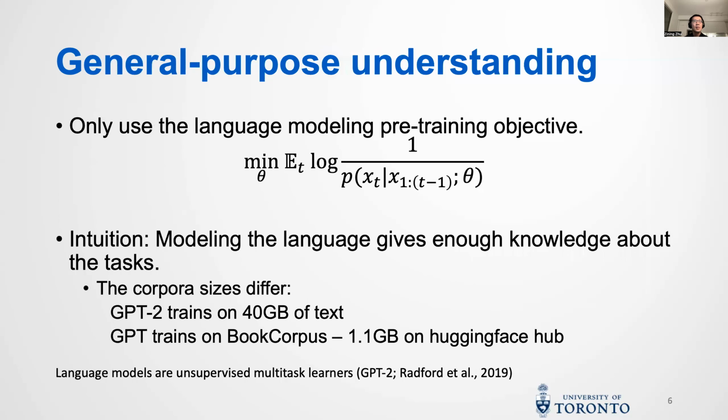One year later, OpenAI decided that only the language modeling objective is necessary. The language modeling pre-training objective essentially minimizes the perplexity over the token sequences. And this equation shows a minimization of the perplexity.